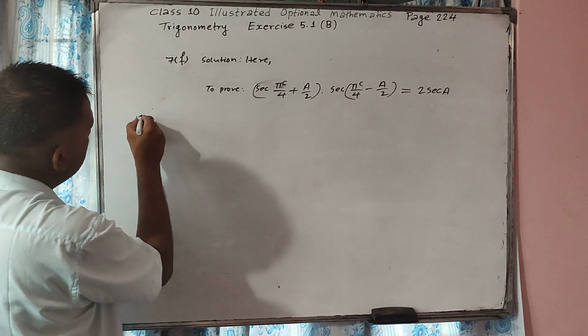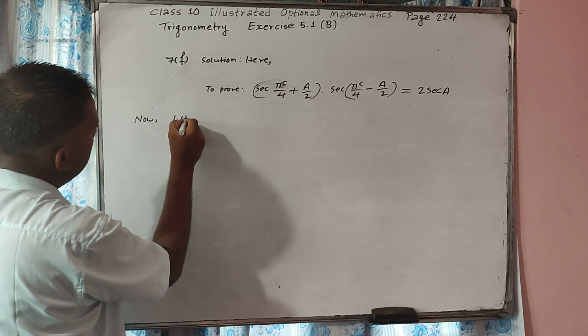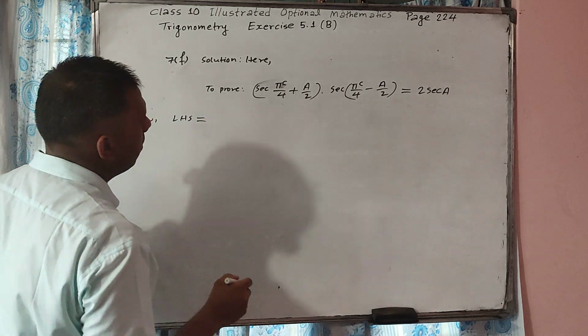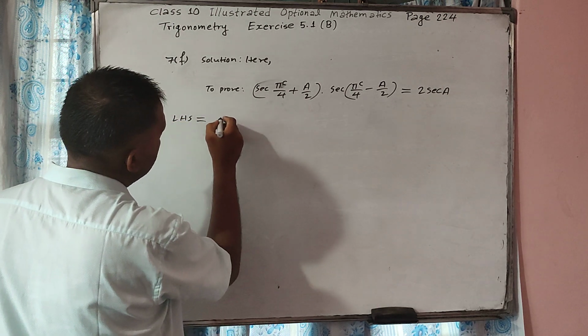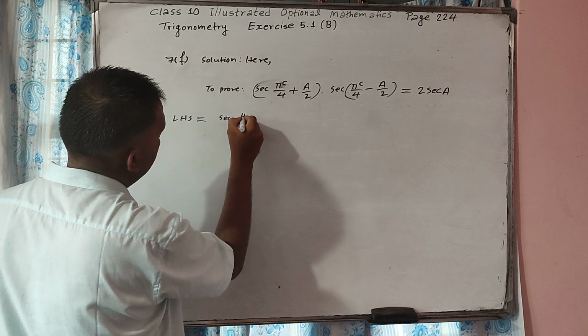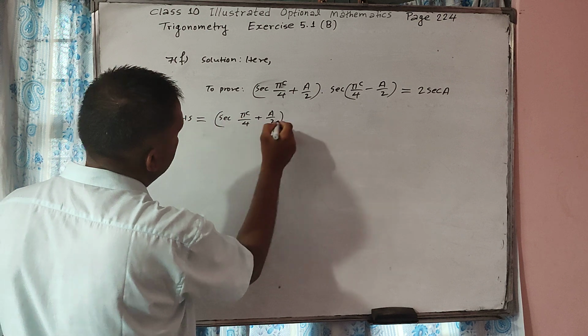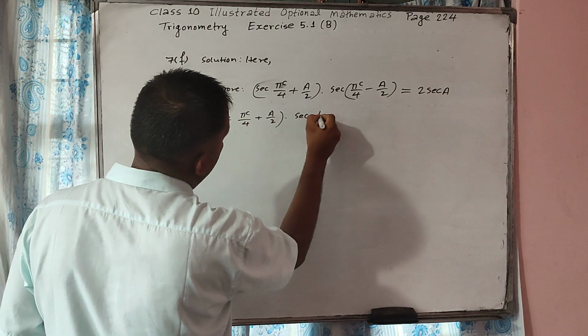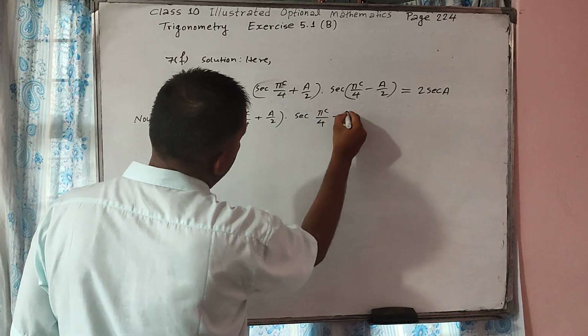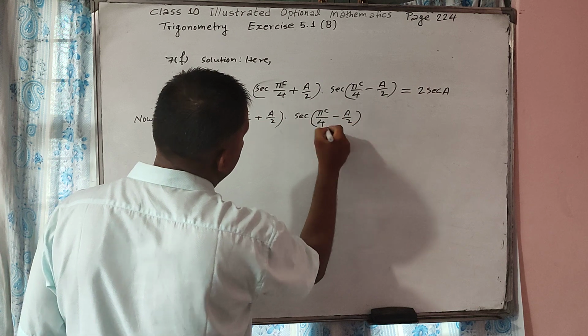Now LHS equals sec pi divided by 4 plus a by 2 dot sec pi divided by 4 minus a by 2.